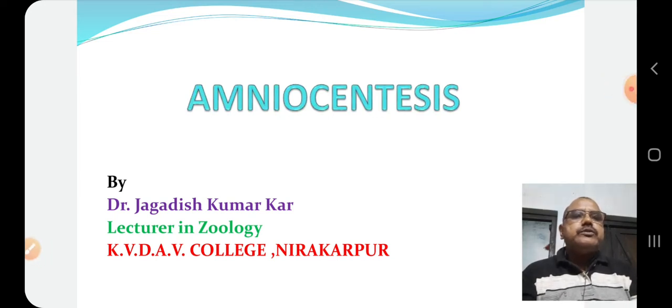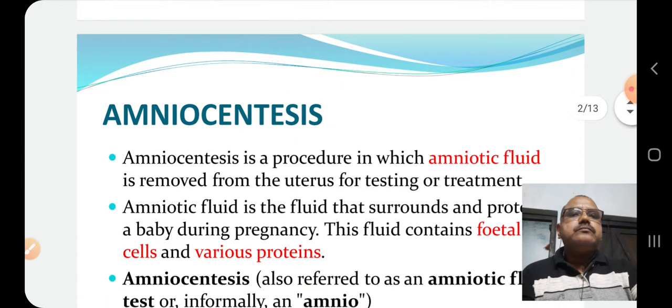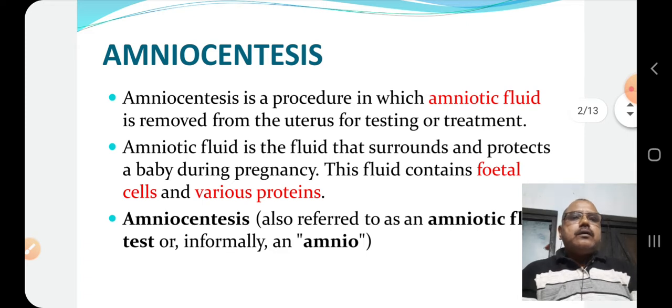Today I am going to discuss amniocentesis. Amniocentesis is a procedure in which amniotic fluid is removed from the uterus for testing or treatment. Amniotic fluid is the fluid that surrounds and protects a baby during pregnancy. This fluid is present in a sac called the amniotic sac.